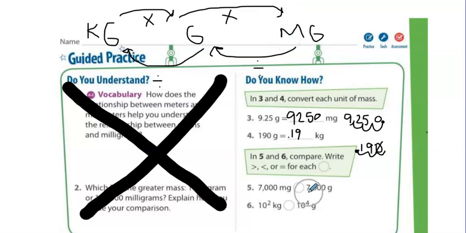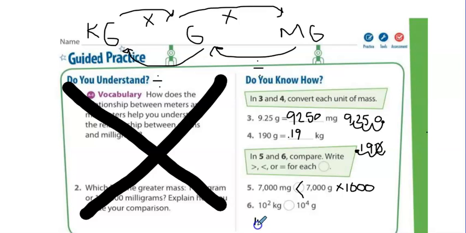So we would take this 7,000 grams and we would be multiplying it by 1,000. And if I take 7,000 and I multiply it by 1,000, I automatically know it's going to be more than 7,000 milligrams because we know if we take 7,000 and multiply it by anything, it's going to give us something bigger than that.